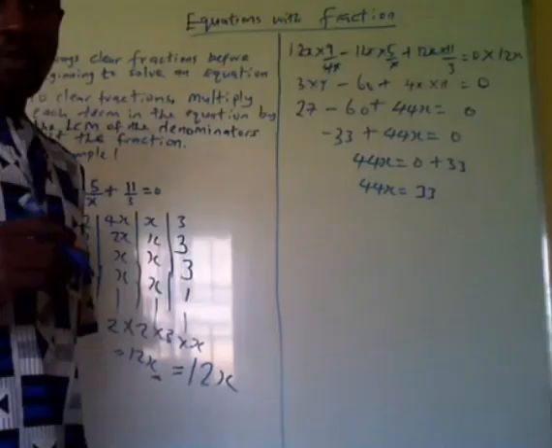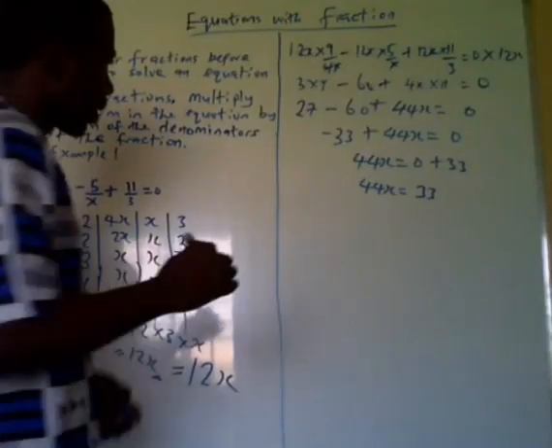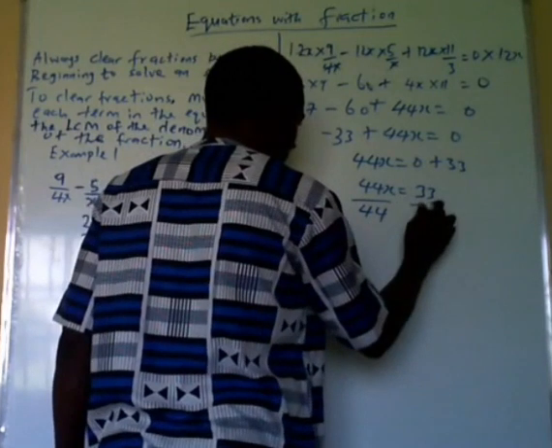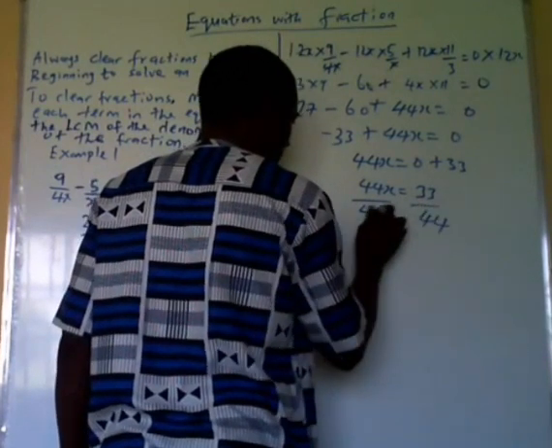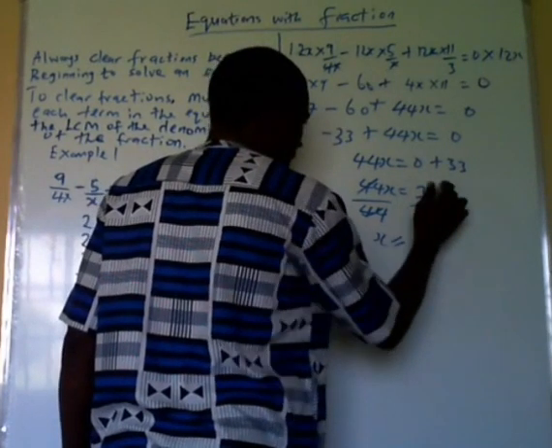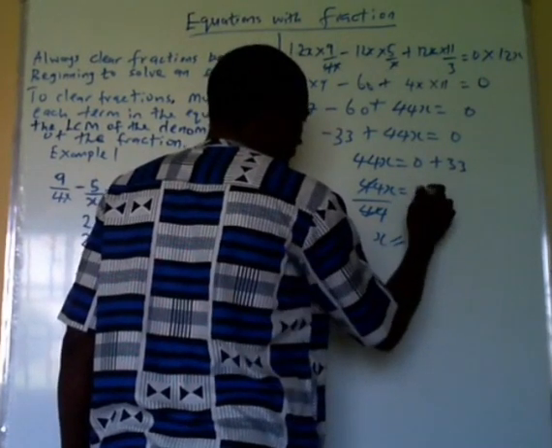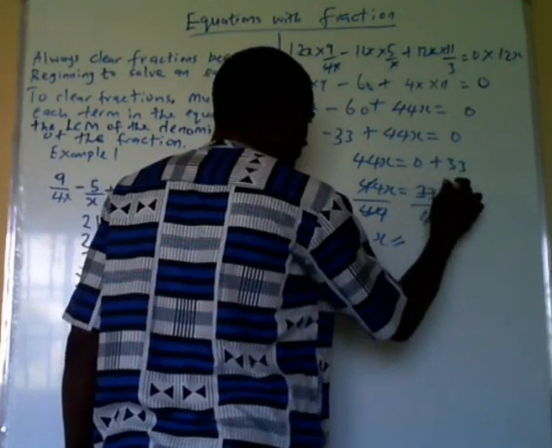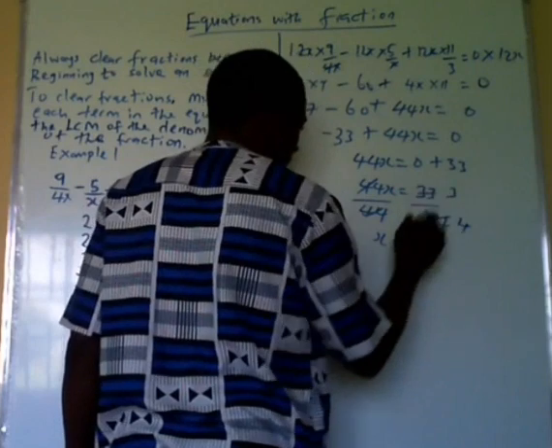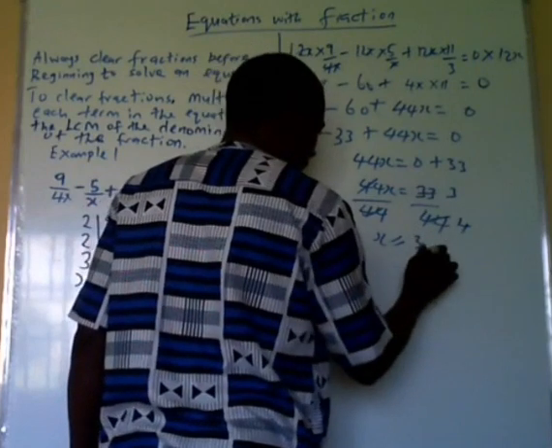So remember, we are looking for what? x. So we're going to divide both sides by 44. And you know that 11 into 33 is 3, and 11 into 44 is 4. So we have 3 over 4.